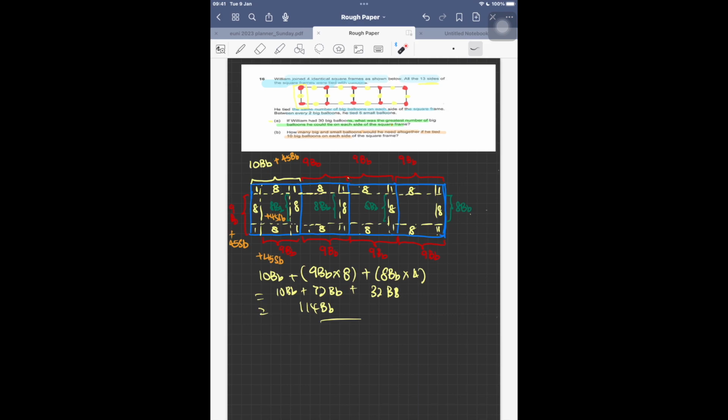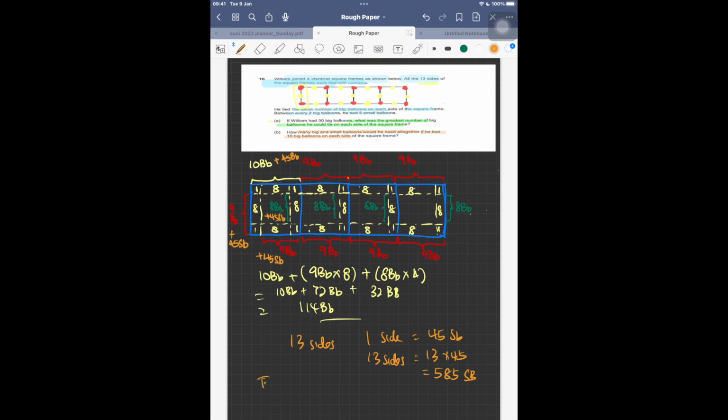Every side, one side will give me 45 small balloons. So 13 sides will give me 13 times 45, which is actually 585 small balloons.